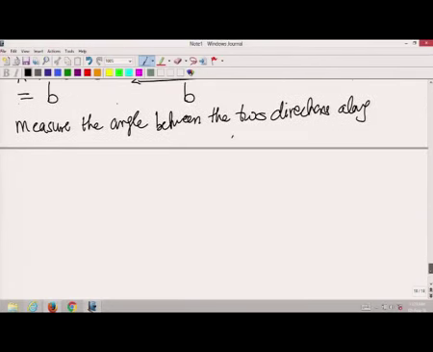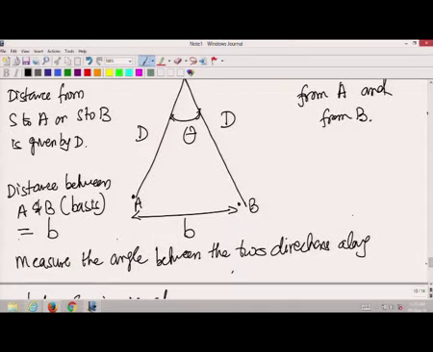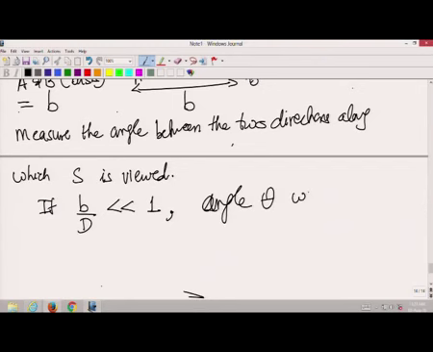Now, if B by D is much less than 1, that means the distance is very large, then the angle theta will be small.